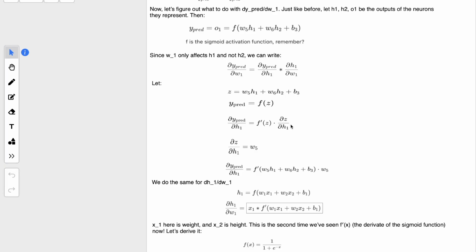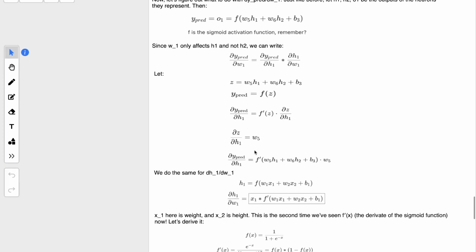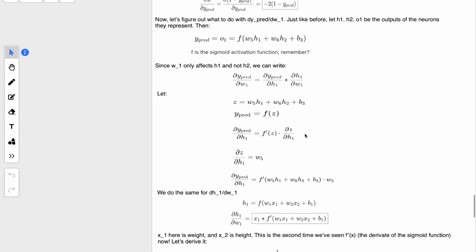So when we calculate delta z by delta h1, we just treat them as a constant and they will just move out of the value. So here h1 is the only variable, so that is why delta z by delta h1 is only w5. So delta ypred by delta h1 is the derivative of this activation function into w5. I hope you understand it.